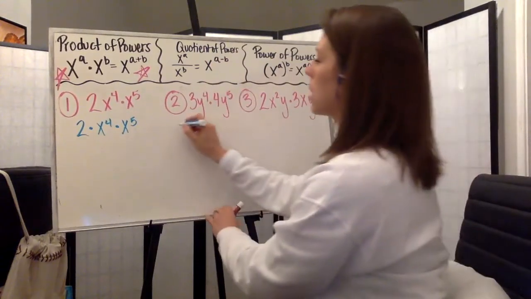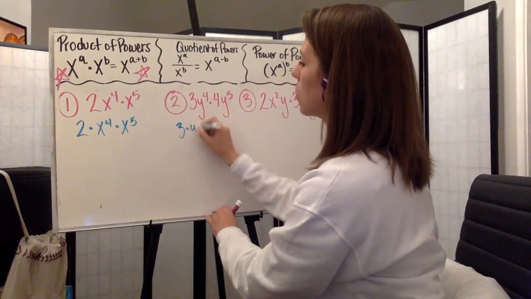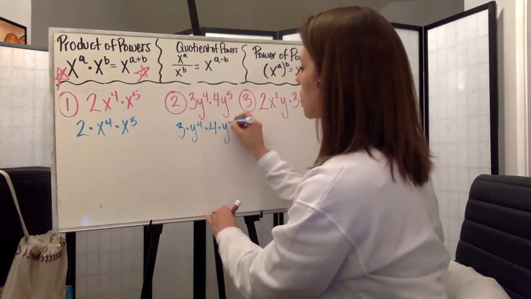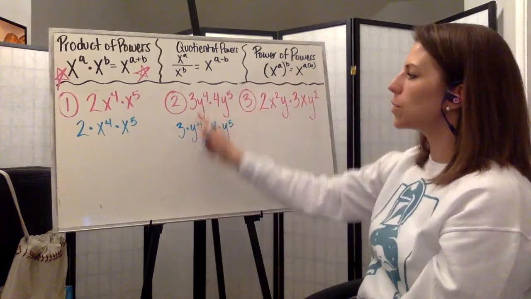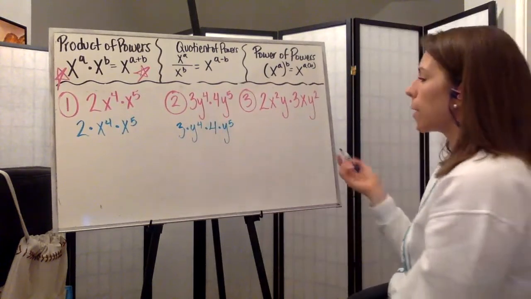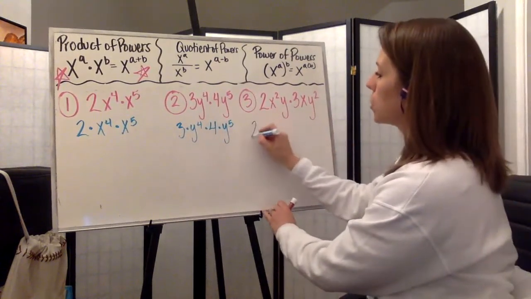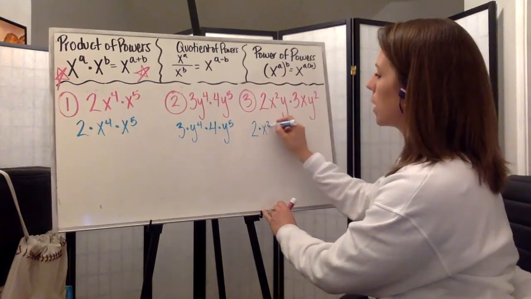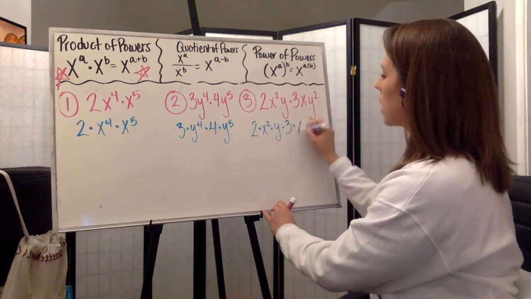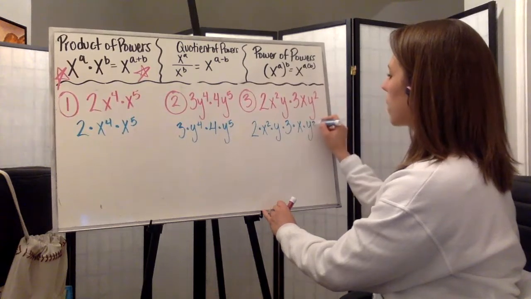Over here, that would be 3 times y to the 4th times 4 times y to the 5th. And again, all I'm doing is I'm separating the coefficient from its power. Over here, that would be 2 times x squared times y times 3 times x times y squared.